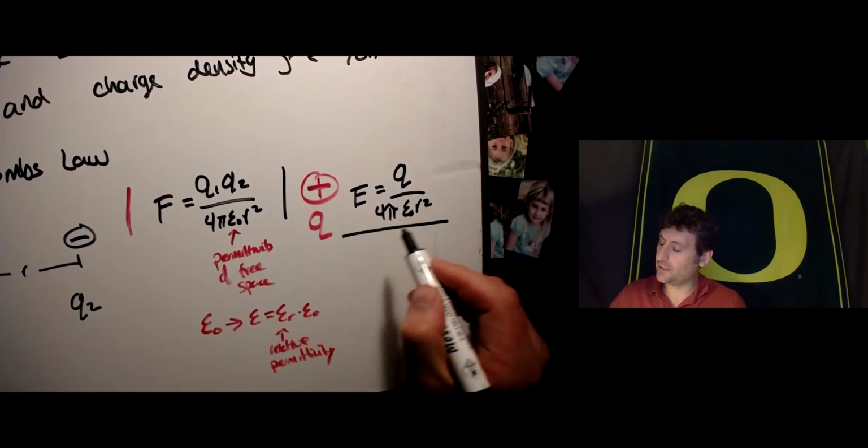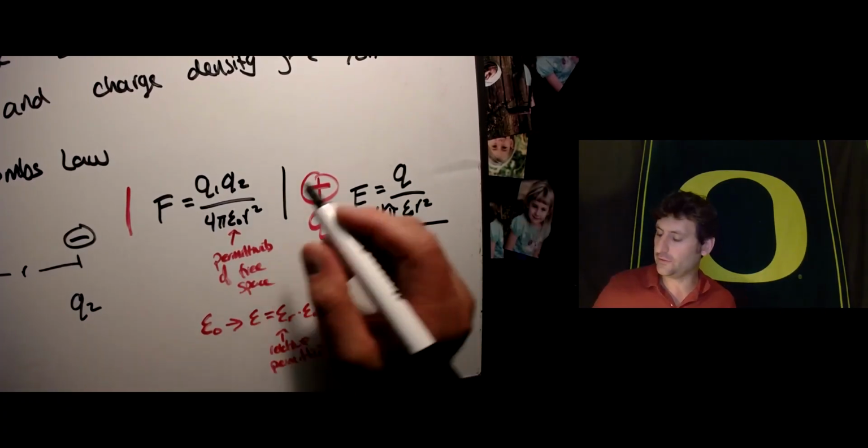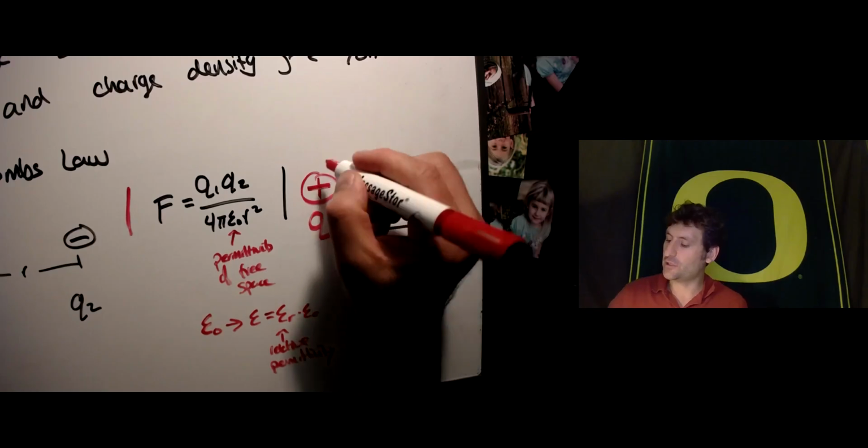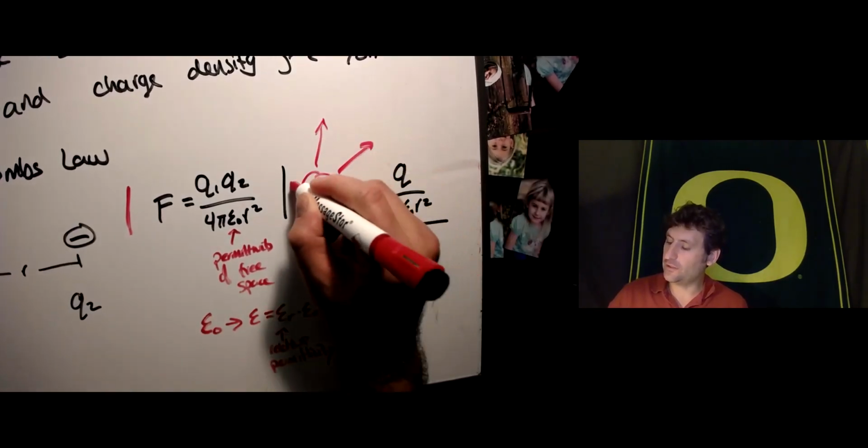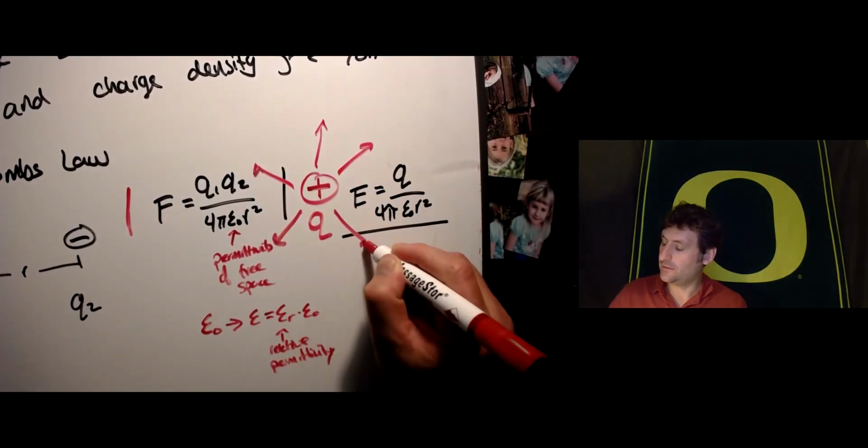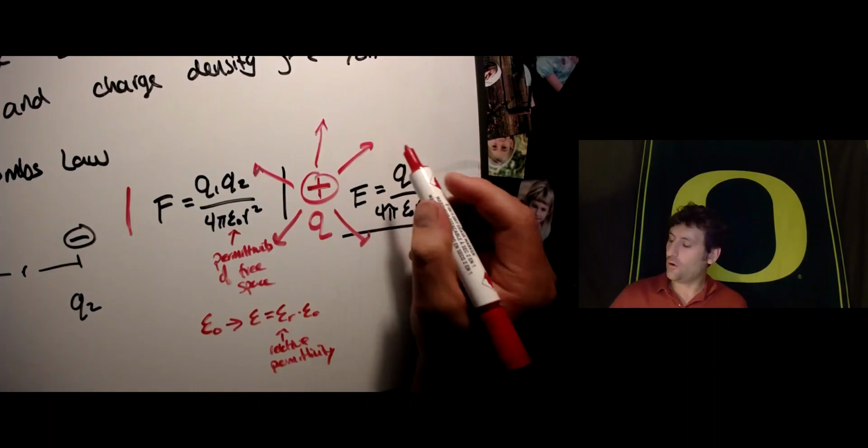Okay, so this is typically the expression you get for the electric field that emanates from a point charge. And it emanates in a spherically symmetric direction, so we only need to consider the radial component of the field.